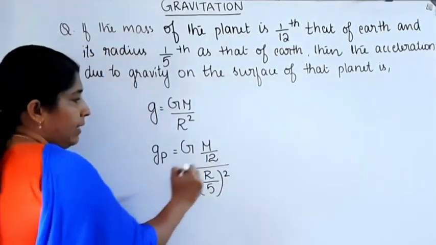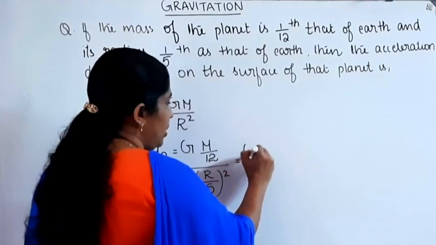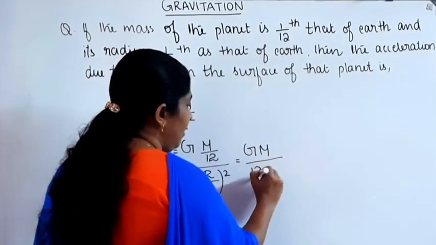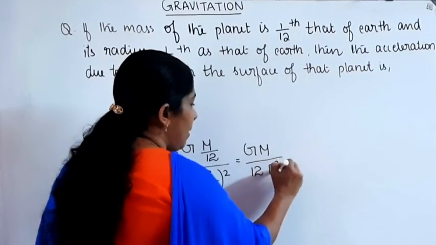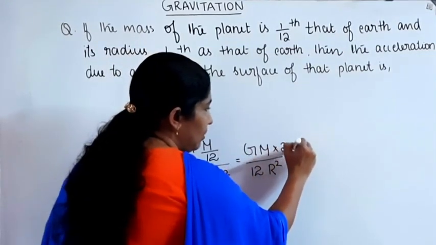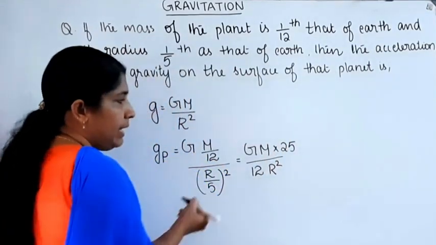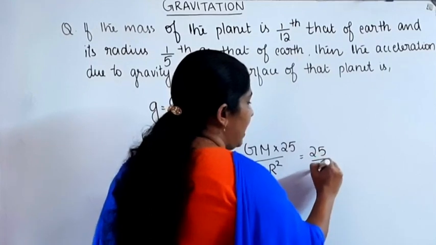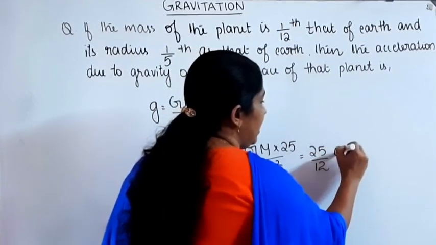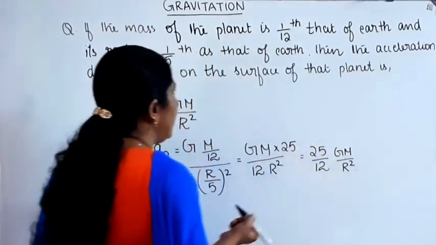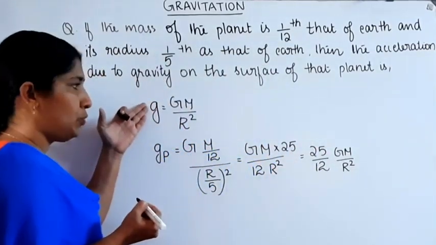Then on rearranging, G capital M divided by 12 times r square by 25. That is taken to the numerator, 25, so it's equal to 25 divided by 12 GM divided by r square. What about GM by r square? GM by r square is equal to g.